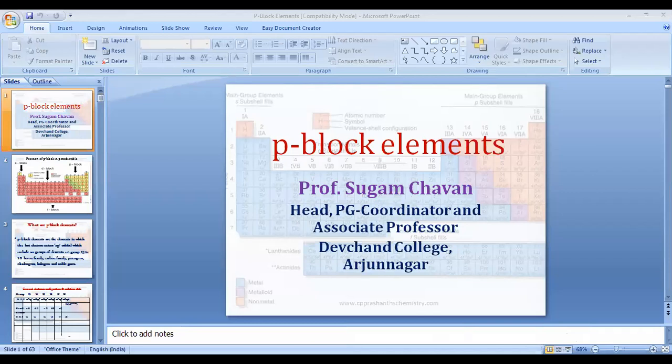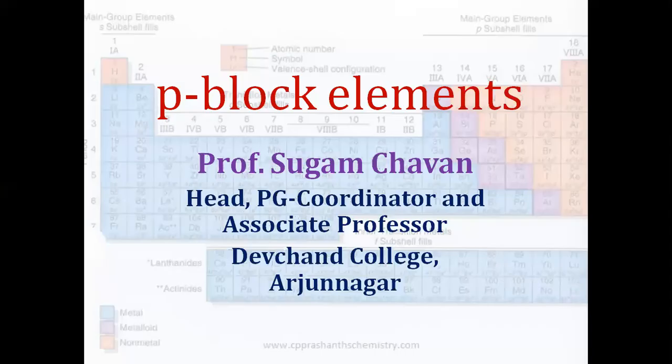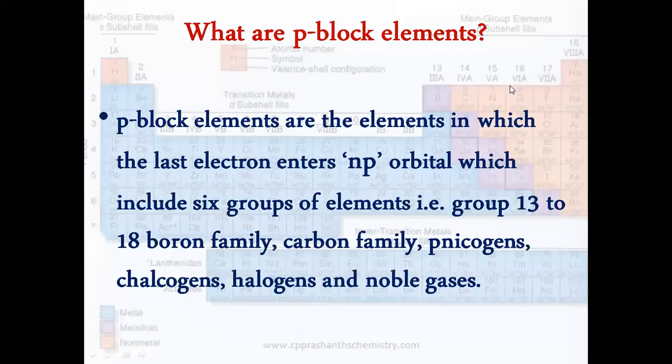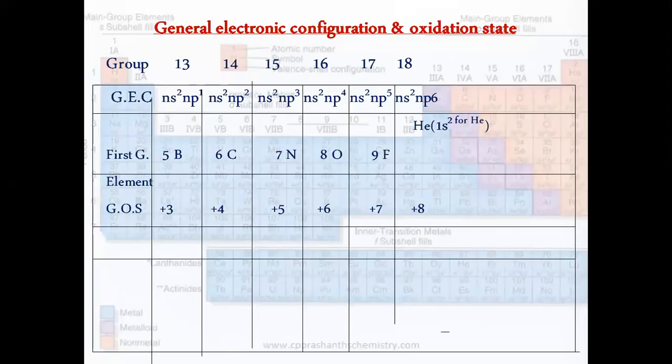Here I have shown group numbers 13, 14, 15, 16, 17, and 18. All these are commonly known as P block elements. We have seen the general electronic configuration of all these groups, which I would like to recall again.